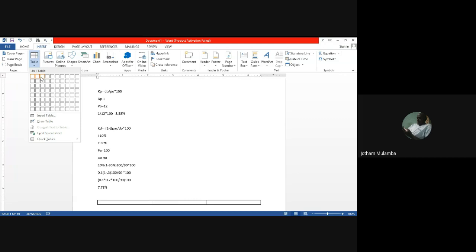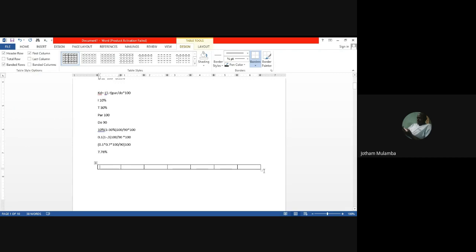So I will insert here a table, and the first column will record the source. The second column will record the amount, and the third column will record weights.